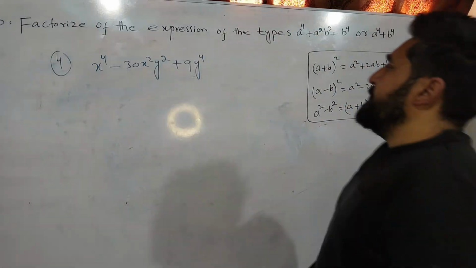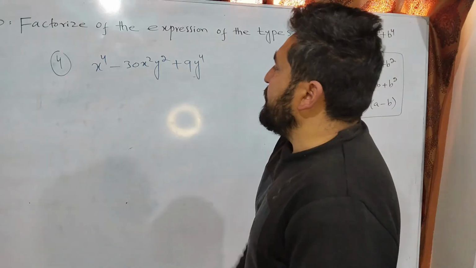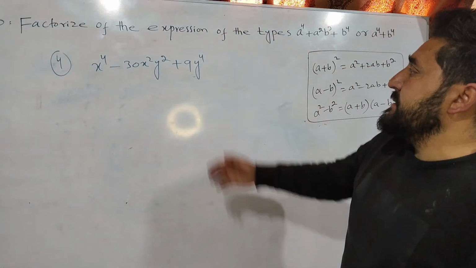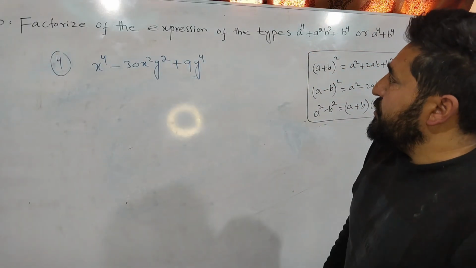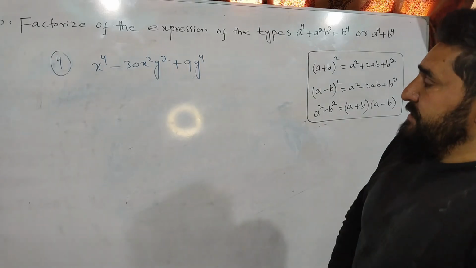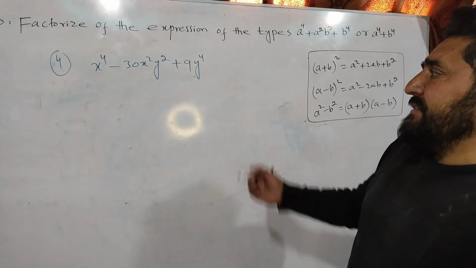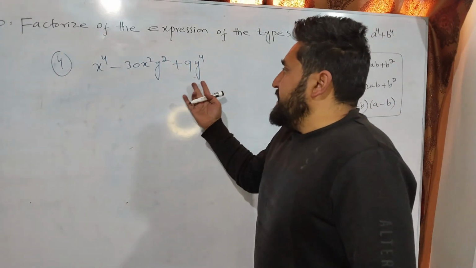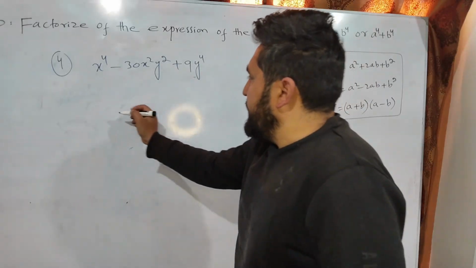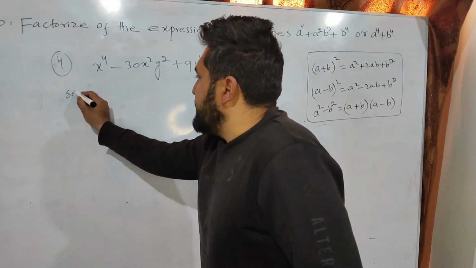Now for further understanding, we solve another question. This is the same question which is related to this various law. So again we identify the square terms and simplify it.